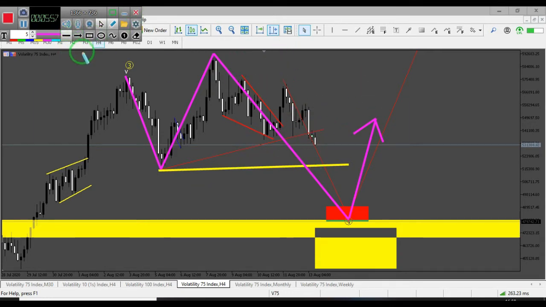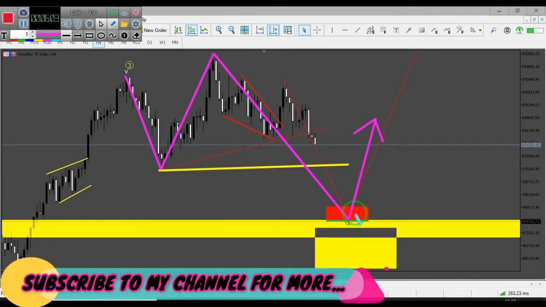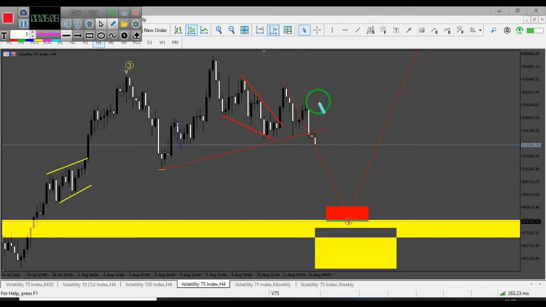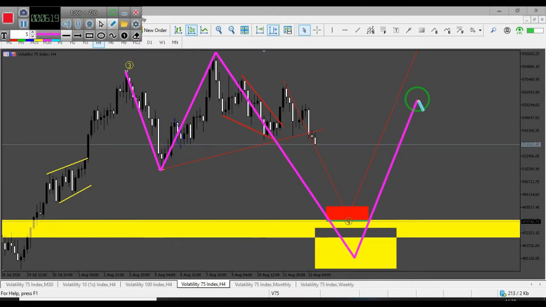In this scenario, meaning we are going to break this level and come into the red box here. In the last scenario, I expect to see something like A, B, C into this yellow box and the move to the upside. Still we'll be having an A, B, and a C.